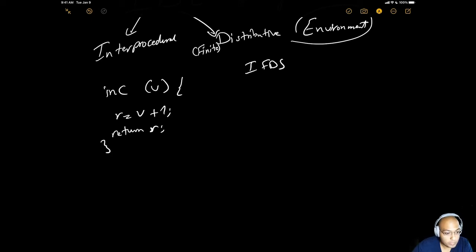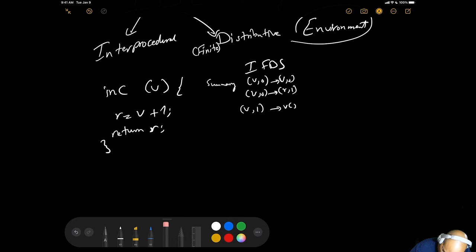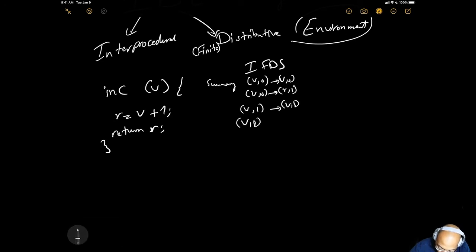If we are doing this using IFDS, this is how the method summary is going to look like. v0 goes to v0. v0 goes to r1. v1 goes to v1. And v1 also goes to r2, and so on and so forth, while the tautologic effect always goes to the tautologic effect 0.